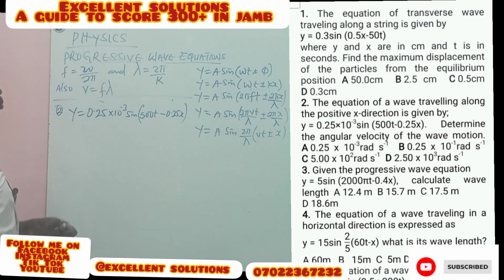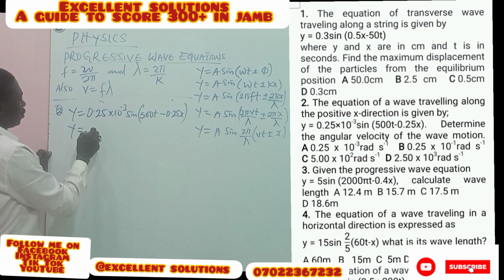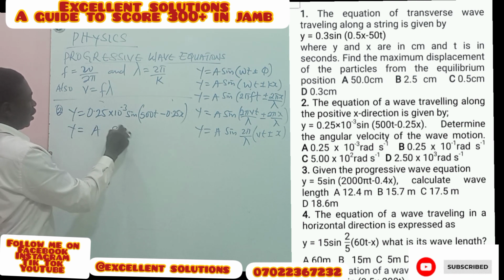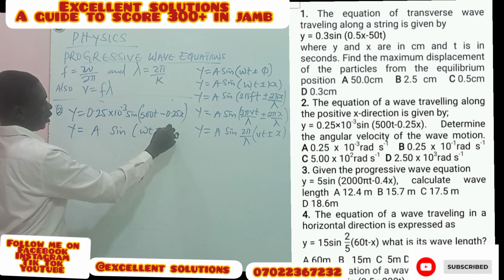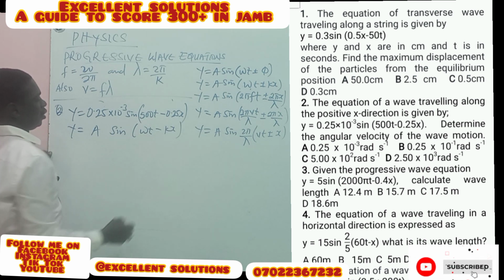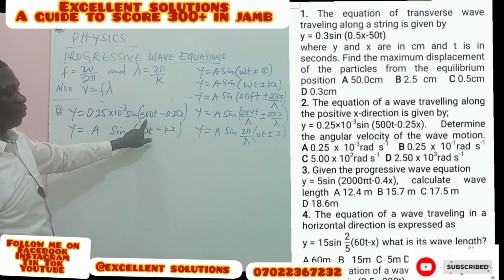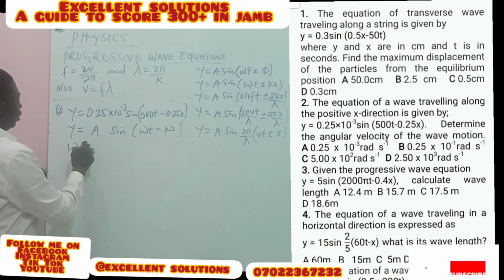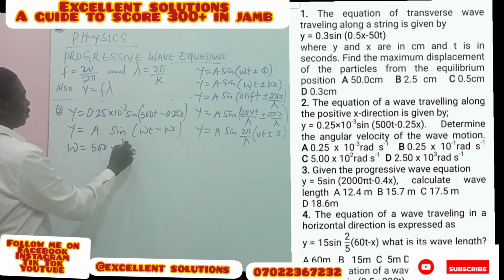So determine the angular velocity of the wave. We just compare it with y equals A sine omega t minus kx. And in this case, the coefficient of t is omega, the coefficient of t is 500. So omega equals 500 rad per second.